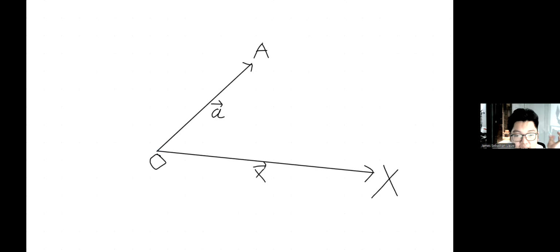This vector X is the position vector of X from the origin O. For normal math, all you need to know is basically just how to find the vector, whether they want you to find a specific vector or they want you to find the vector from the origin, the position vector, based on how the geometry of the shape given to you looks like.